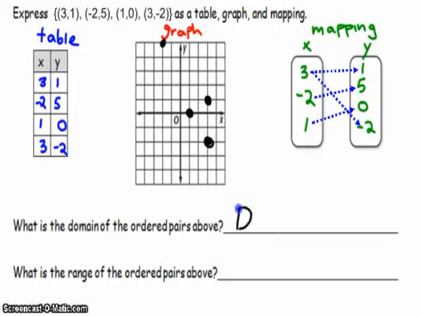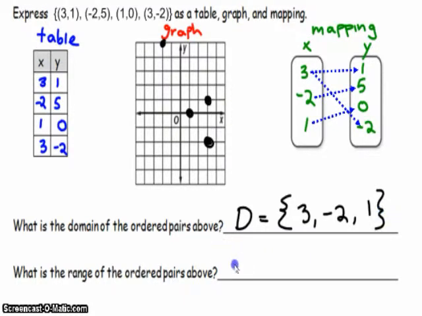So the domain equals, there's my set bracket. And just like the mapping, we don't write any value that repeats, we only write it once. So I have 3, negative 2, 1. And now we close the bracket.